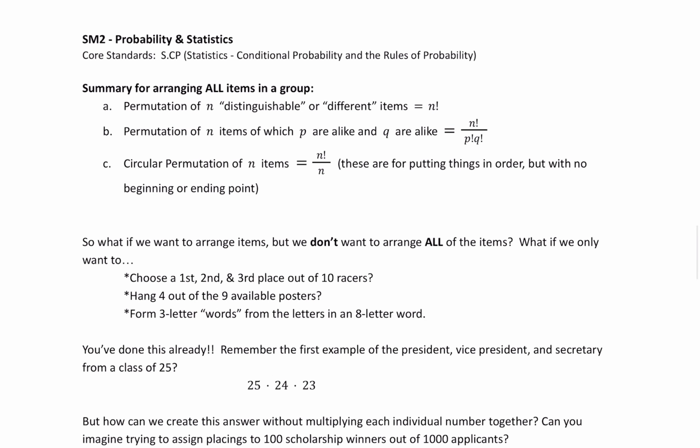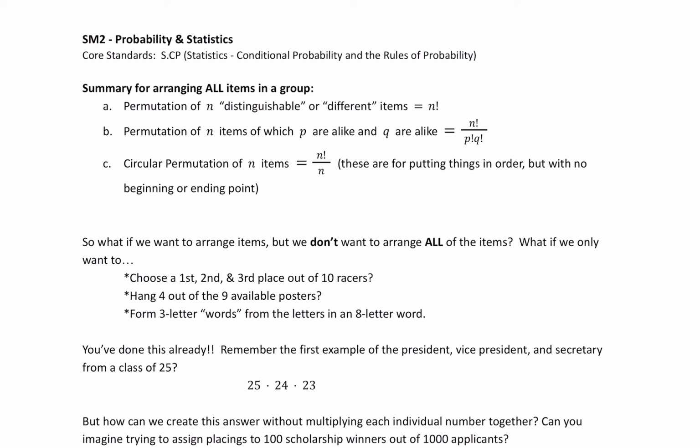Okay, so here's a summary of those rules we just went over. A permutation of n distinguishable or different items is n factorial. Just the basic factorial. But what this says is factorial is a subset of permutation as a whole. So we'll get more into permutation in just a minute, but factorial is a subset of permutation.